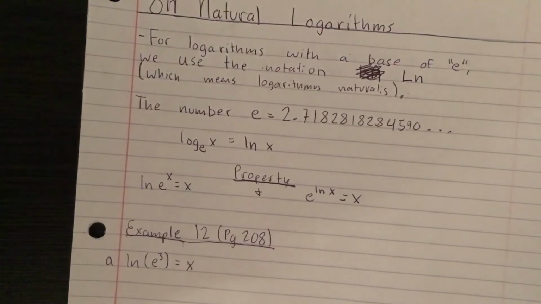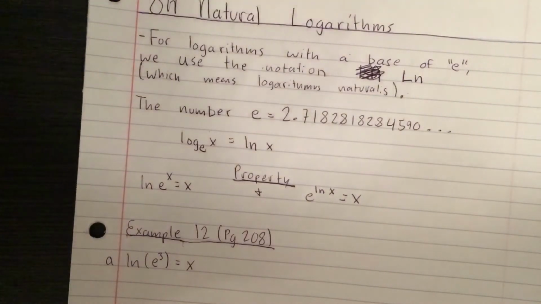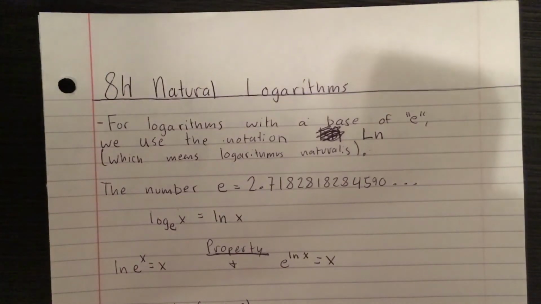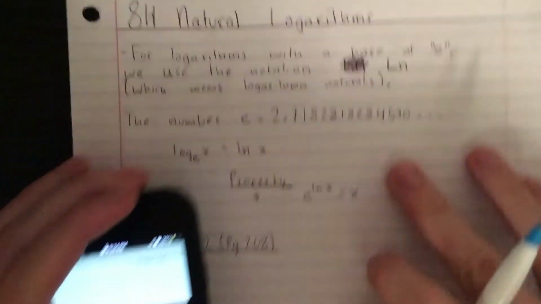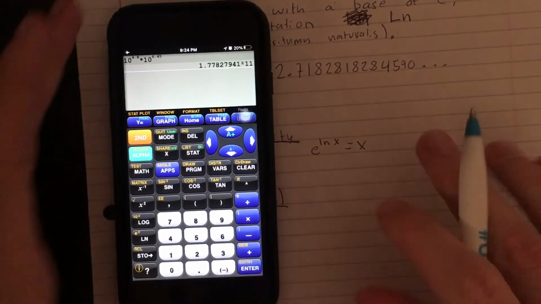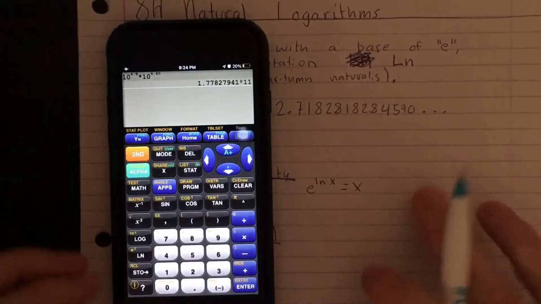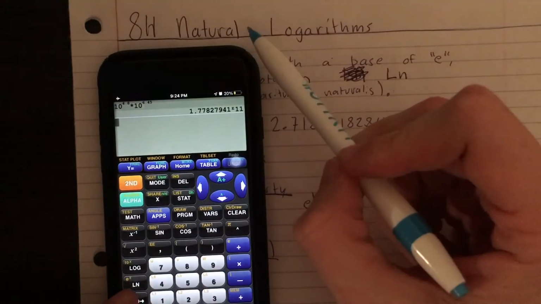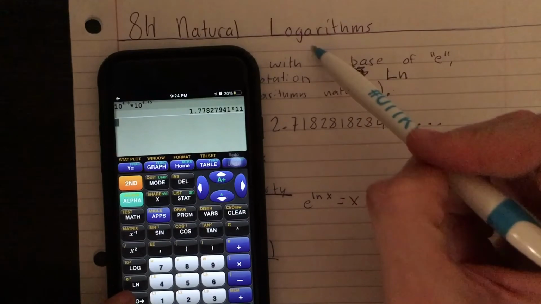So then let's talk about the natural logarithm a little bit. So the natural logarithm, if you're trying to find it on your phone or your calculator, is ln right there. Now you're probably looking at this and saying, Mr. Price, why on earth is it ln if it's natural logarithm?